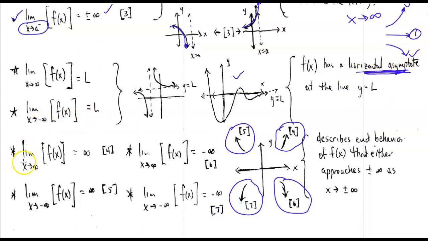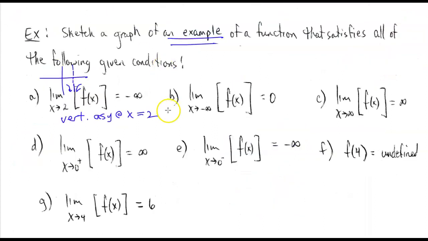So what this example is telling us is that we have a horizontal asymptote at y equals 0. And of course, y equals 0 is better known as the x-axis.